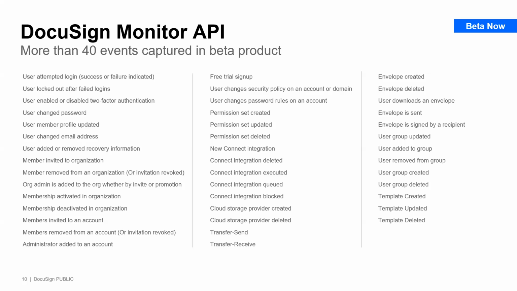Or if we notice that a large number of envelopes got deleted, that could again be somebody on the inside who is trying to sabotage your data, sabotage your agreements. So there again, we will bring that to your attention, make you aware of that through the envelopes deleted, envelopes accessed, envelopes downloaded events.